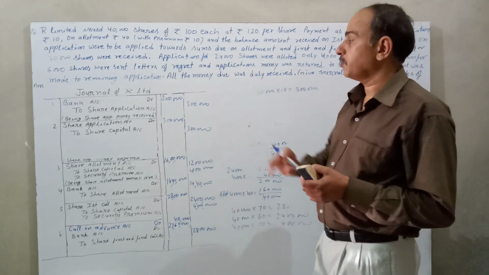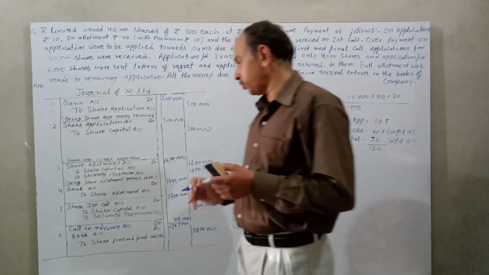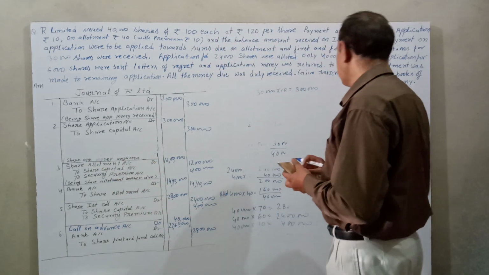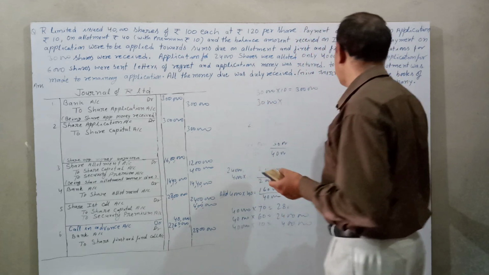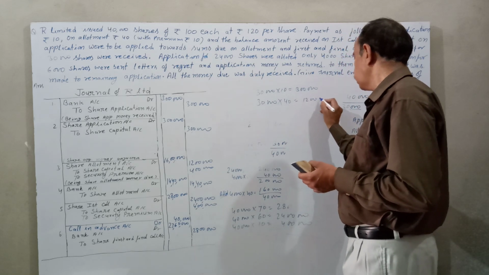And after application, the company demanded allotment money: share allotment account debit to share capital and security premium. The amount is 30,000 multiplied by 40, equal to 12 lakh.